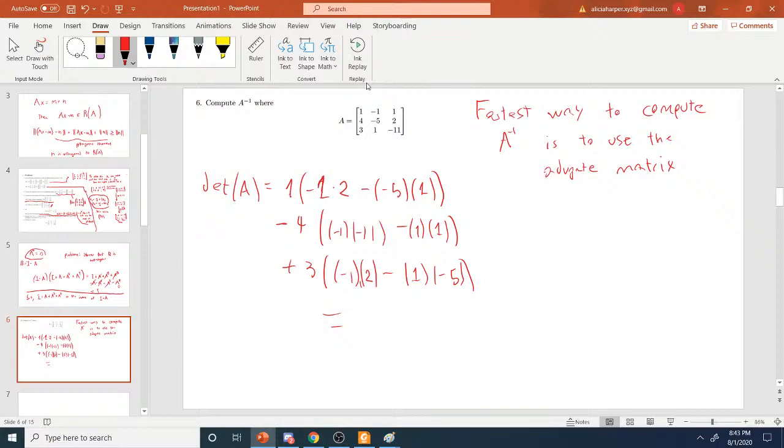So let's solve this. This is the same thing as 1 times 3. So 3, and then minus something. So the first thing here is 3. The second thing is 11 minus 1, so minus 40. And then 3 times something here. What is this something? So -2 plus 5 plus 3. So plus 3 times 3, so plus 9.